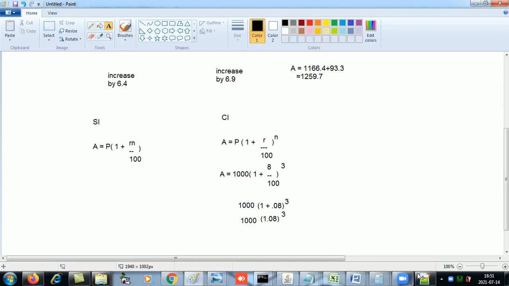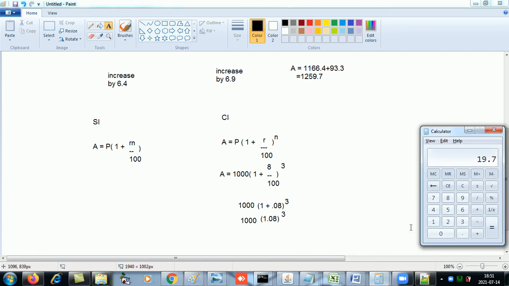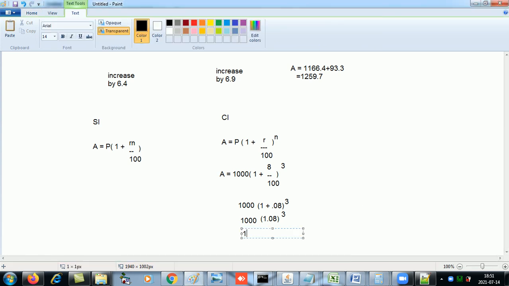What is 1.08 raised to 3? 1.08 multiplied 3 times, 1.08 multiplied by 1.08, gives 1.2597, 1000 into 1.2597.